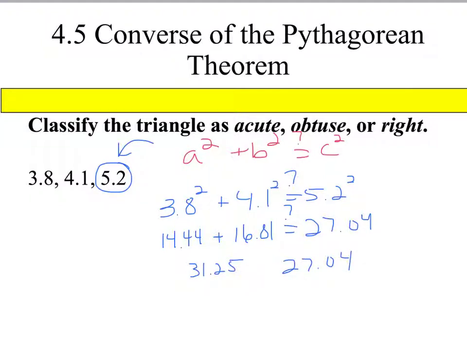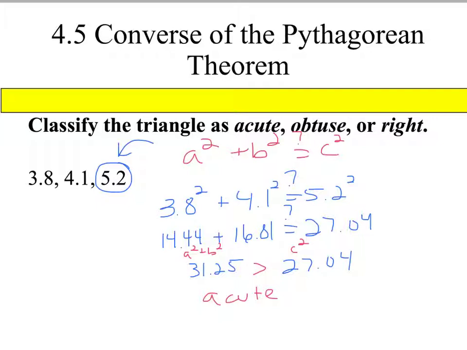Now, which one is larger, 31.25 or 27.04? 31.25 is larger. So what does that tell me? Well, we know that a squared plus b squared is larger than c squared. Whenever a squared plus b squared is larger than c squared, this is an acute triangle.